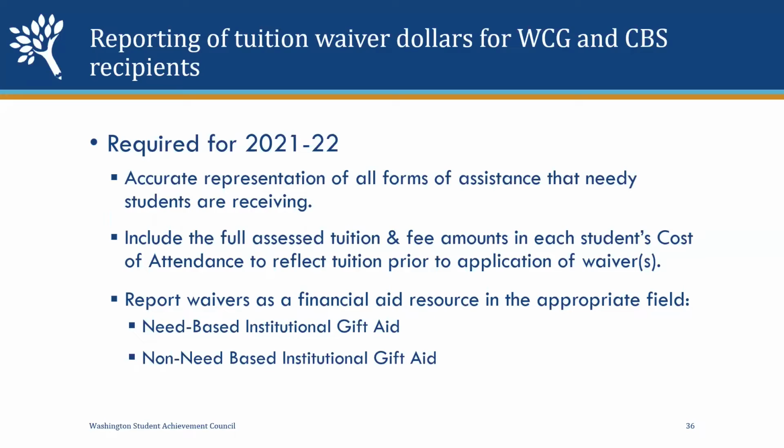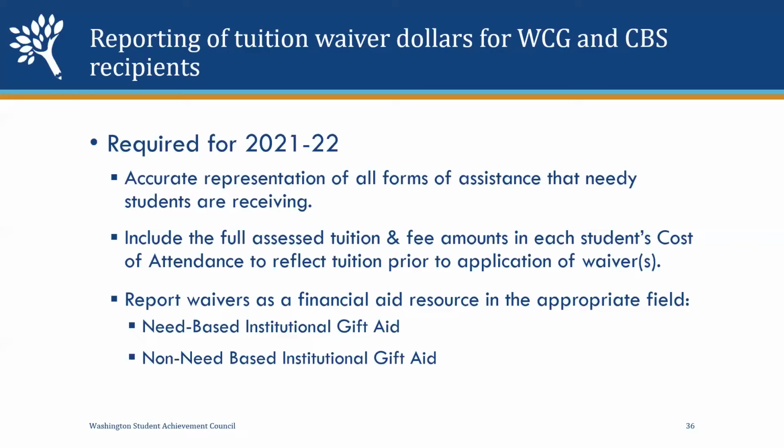We want you to report tuition waiver dollars for WCG and CBS recipients. It's required for 21-22. We need to really get an accurate representation of all forms of assistance that needy students are receiving. And we want you to include the full assessed tuition and fee amounts and each student's cost of attendance to reflect the tuition prior to application of any waivers.